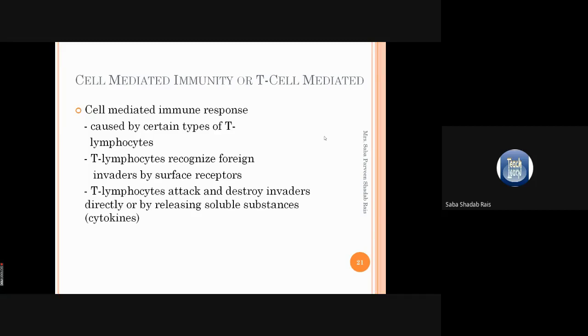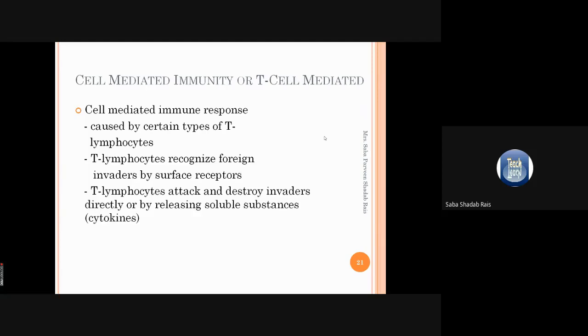When the body recognizes and confirms that the antigen is completely eliminated, the killer T cells should not harm fresh cells or non-infected cells. So the suppressor T cells stop the TC cells: don't function now, don't work, stop now. So the immune system will be terminated.